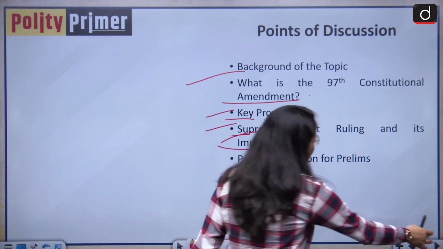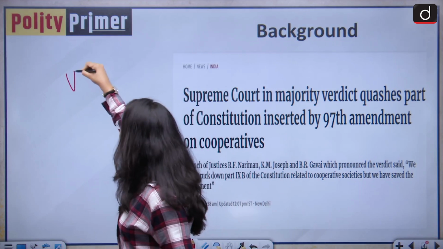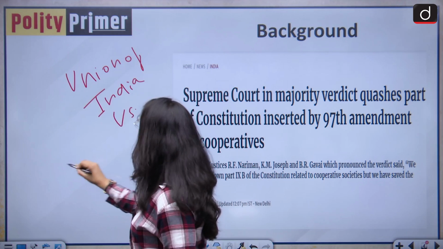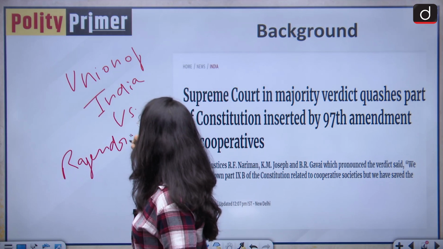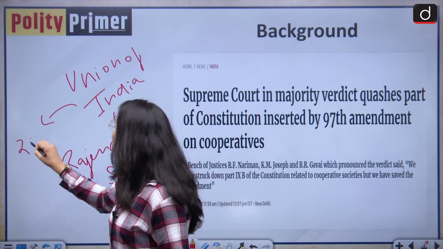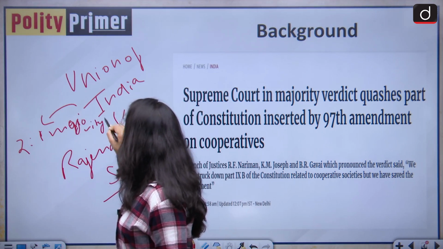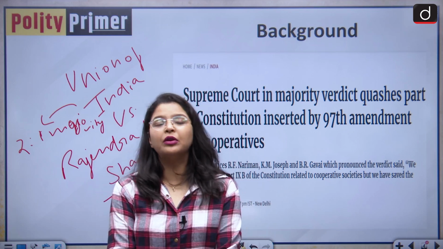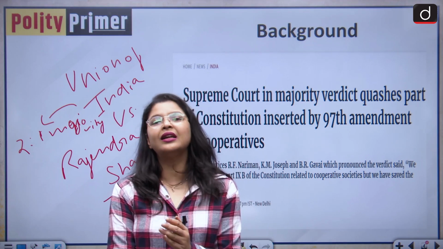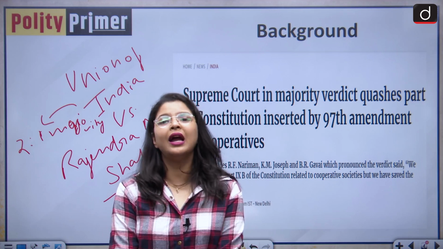So if I talk about the background of our today's topic, recently the Honorable Supreme Court of India, in the case of Union of India versus Rajendra N. Shah, by a 2:1 majority, has held that the Part B that was inserted by the 97th Constitutional Amendment Act is unconstitutional to the extent that it provides for the incorporation of cooperative societies etc. exclusively in the hands of the Parliament.